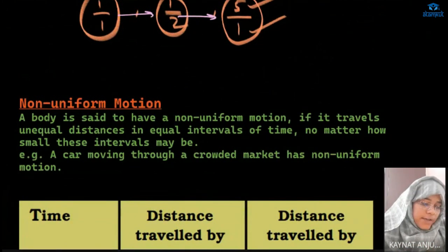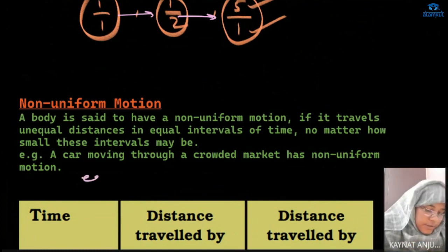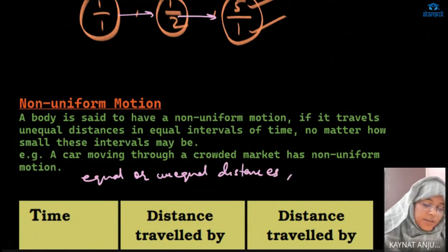A body is said to have non-uniform motion if it travels unequal distances in equal intervals of time, no matter how small these distances may be. The same thing we can also write: if it travels unequal or equal distances in unequal intervals of time. Out of these two, distance and time, something must be unequal.